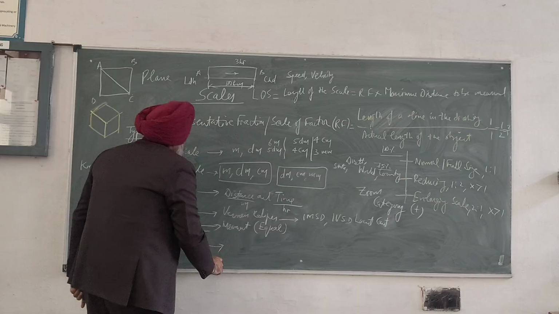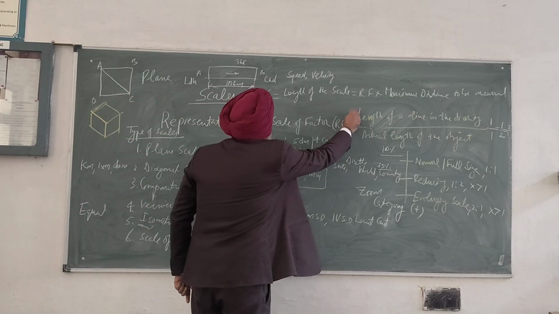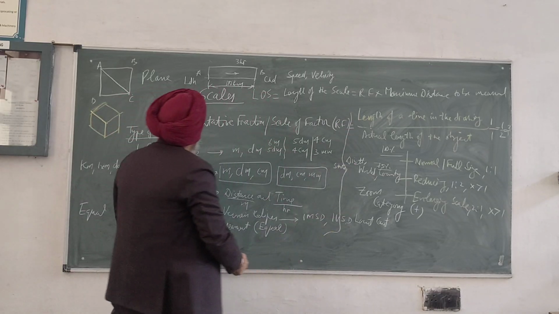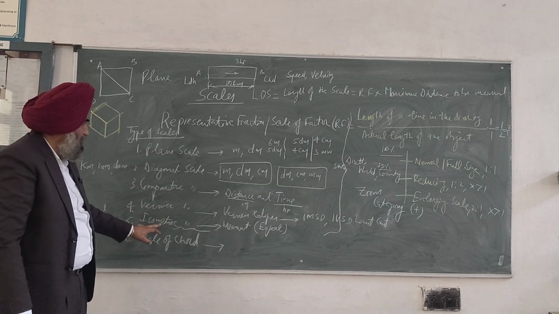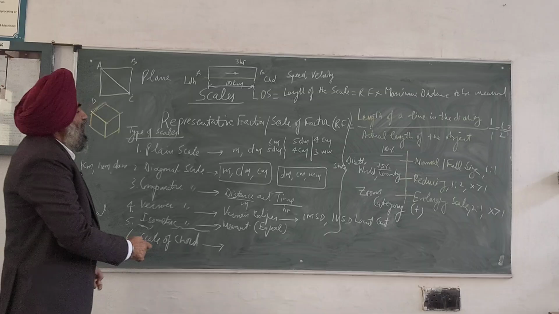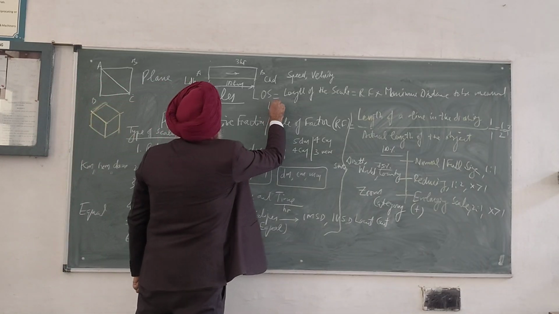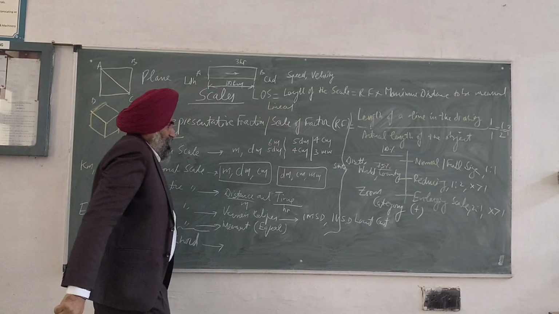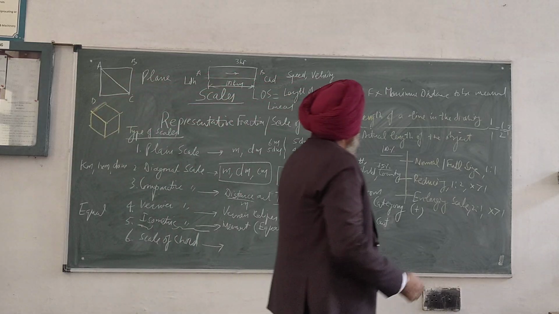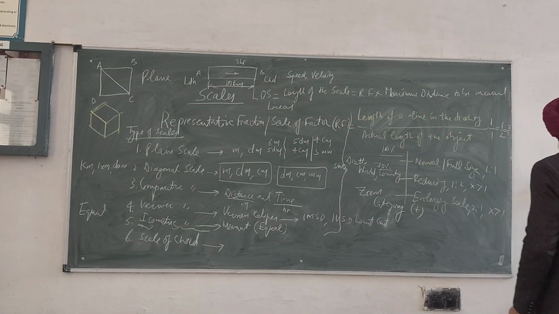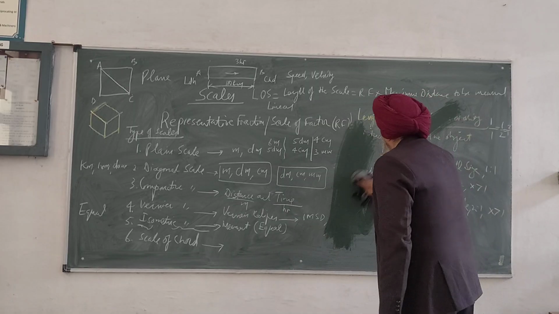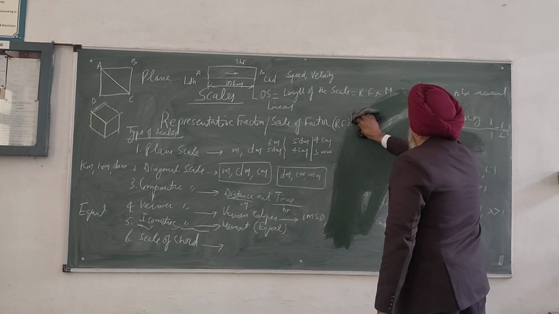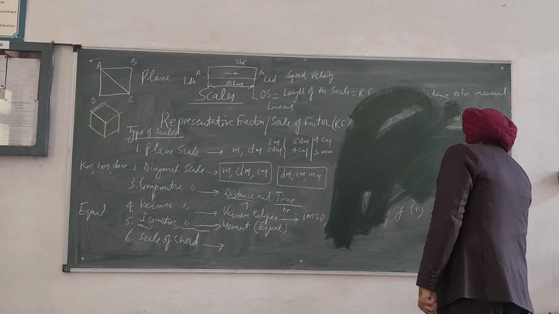Scale of chord. Here, in all the above five mentioned scales, plane scale, diagonal scale, comparative scale, vernier scale and isometric scale, we have measured only the linear measurement. When we are talking in terms of angular measurement, we will make use of the scale of chord.